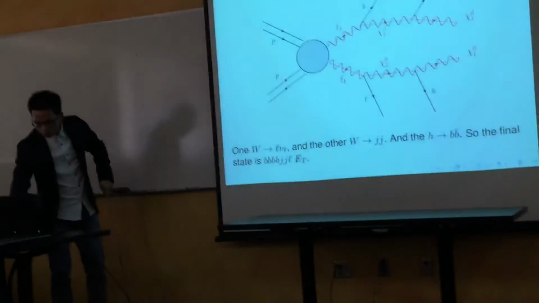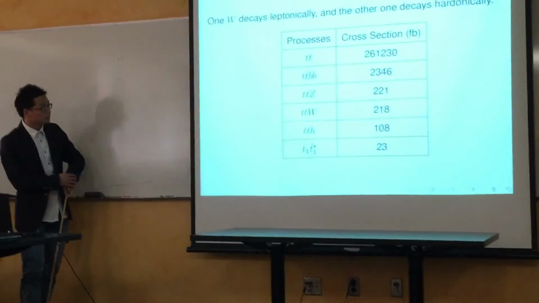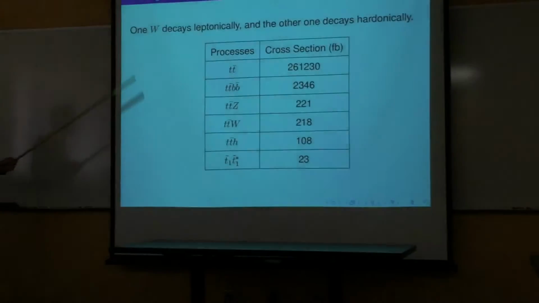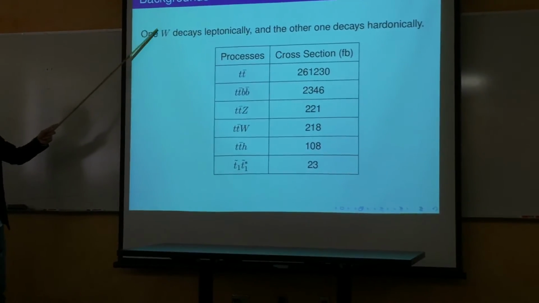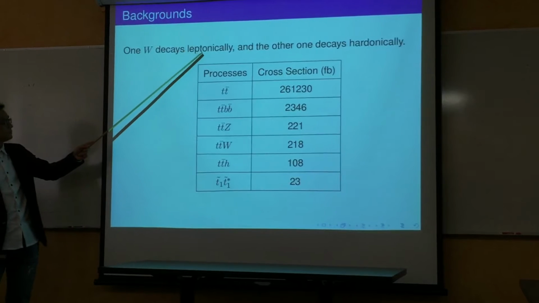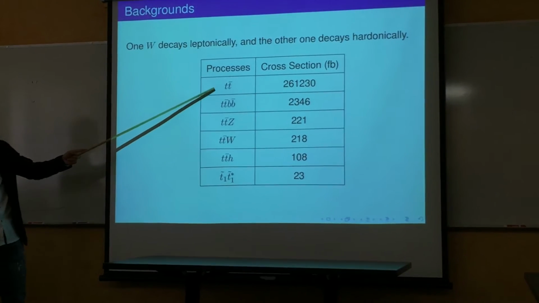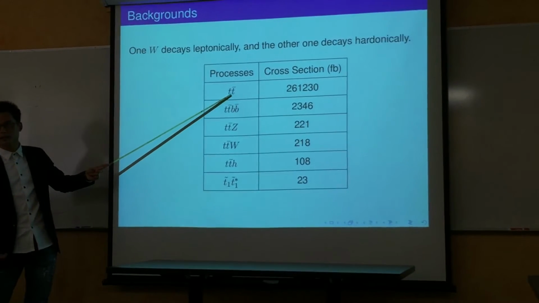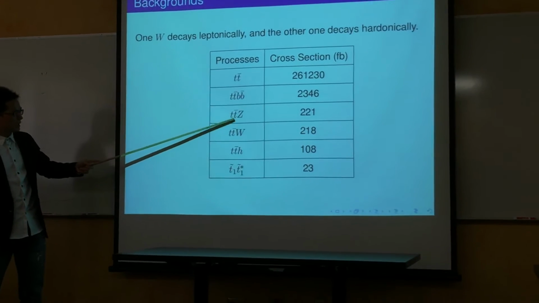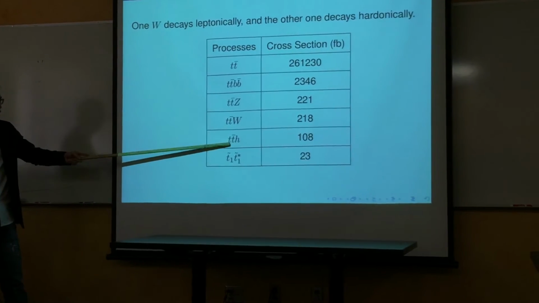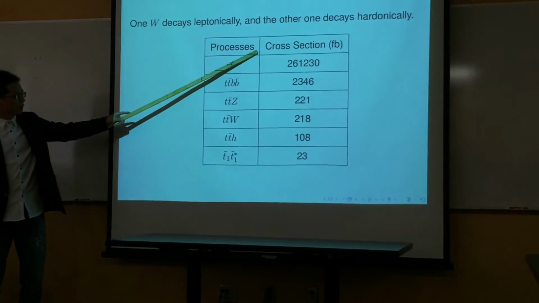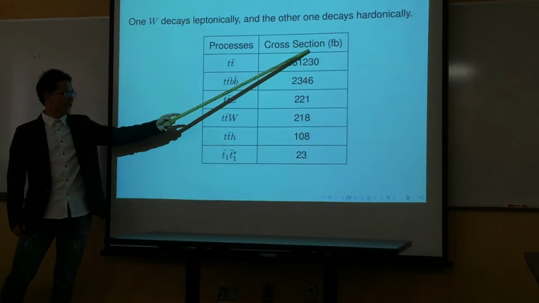For this final state, we have the backgrounds. Those are the standard model backgrounds. You can see we have t t-bar, t t-bar b b-bar, t t-bar Z, t t-bar W, t t-bar H. And those are the corresponding cross sections.